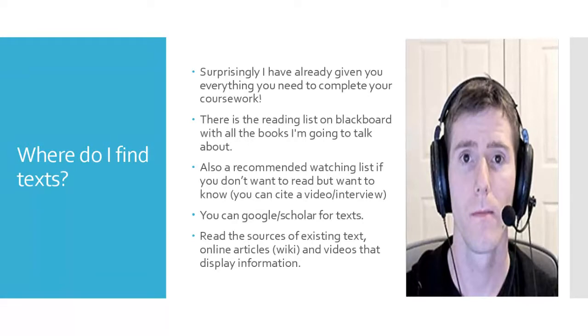You are going to have to read between the lines, as it were. You're going to have to find related texts about competitors. You're going to have to find related texts just about social media, or just about Coca-Cola as a brand, or just about marketing, or just about internet use, and put them all together. That's part of the responsibility that you have as a student to create your work.